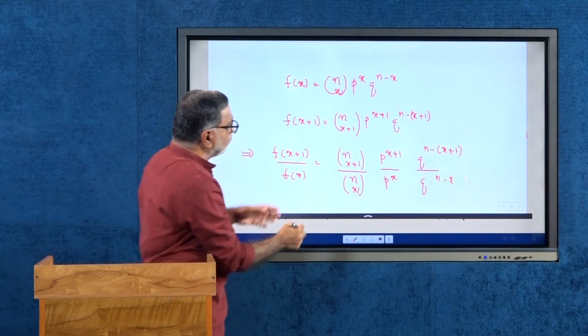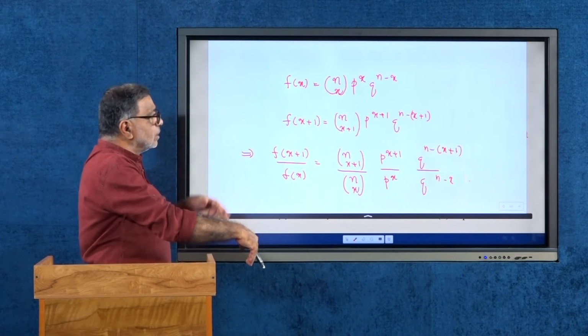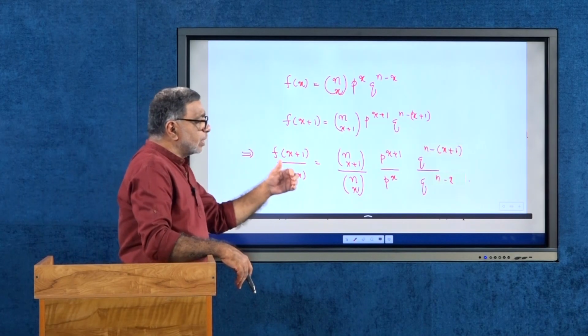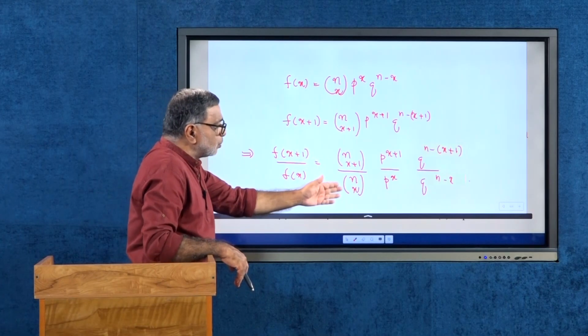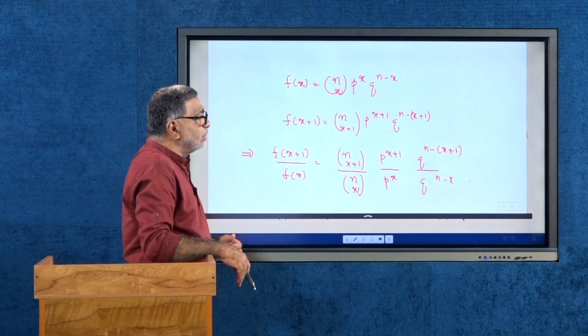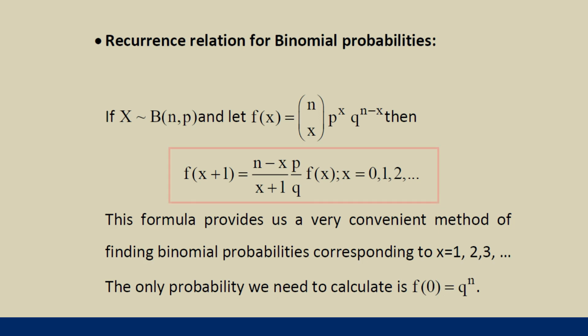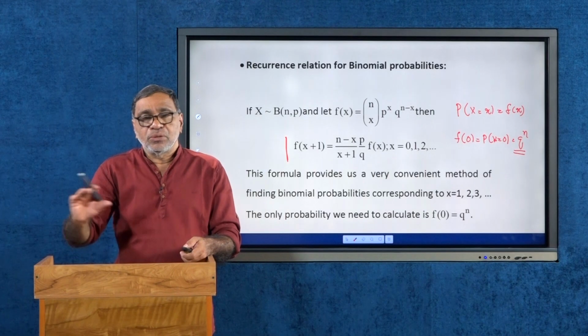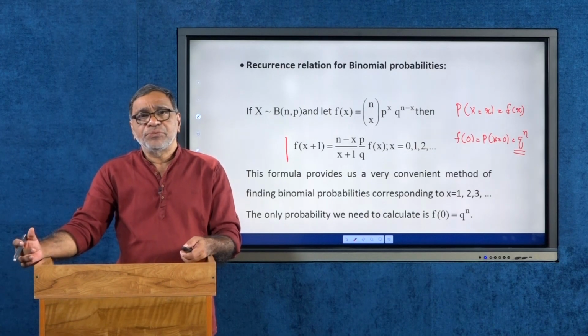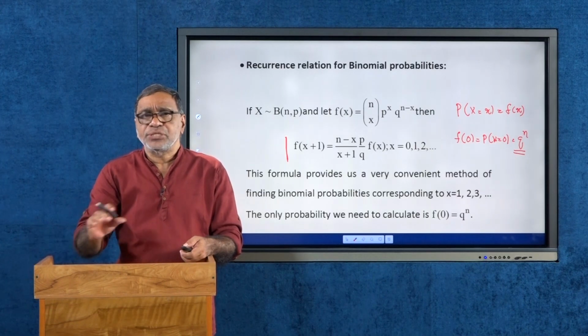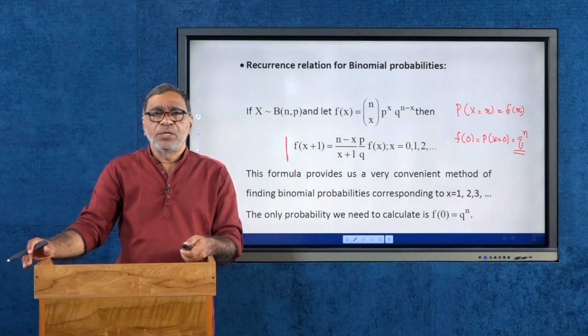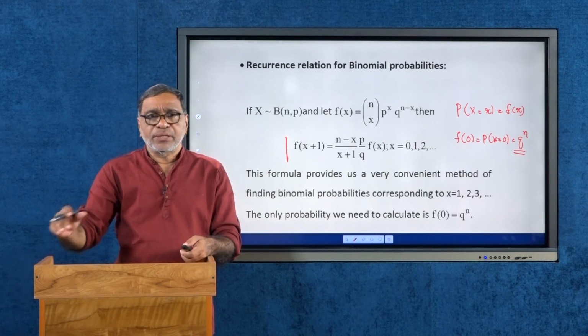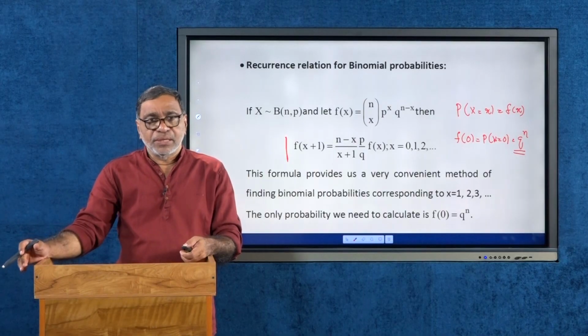So, substituting f of x plus 1 and f of x like this, the common factors are cancelling, and nC(x plus 1) and nCx is simplifying, on simplification you will get f of x plus 1 is equal to (n minus x) divided by (x plus 1) into p by q into f of x. So, the way in which we establish the recurrence relationship is just substituting the f of x value and simplifying, the common factors are cancelling, and you will get the result.